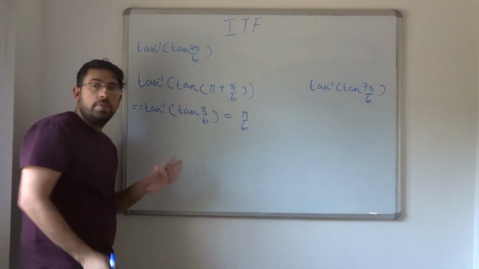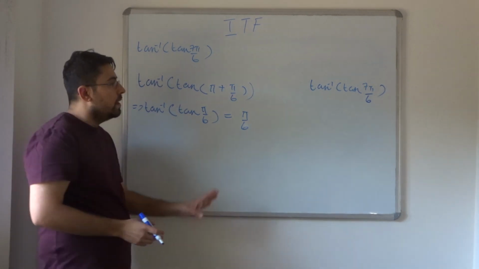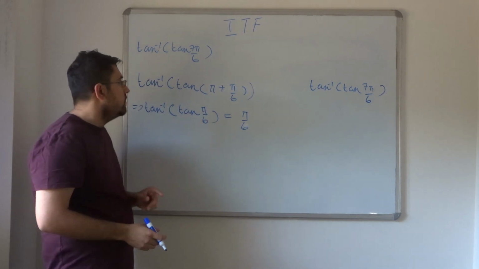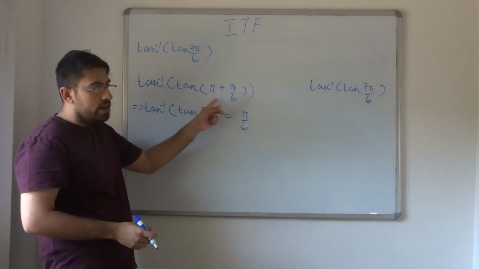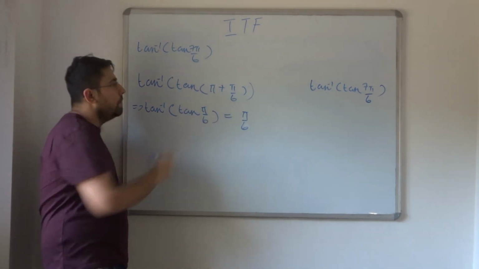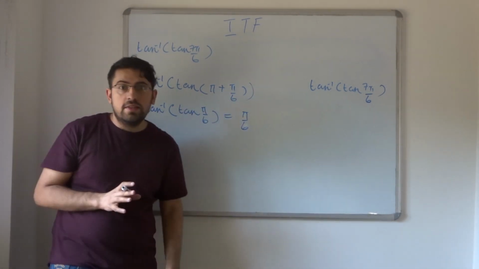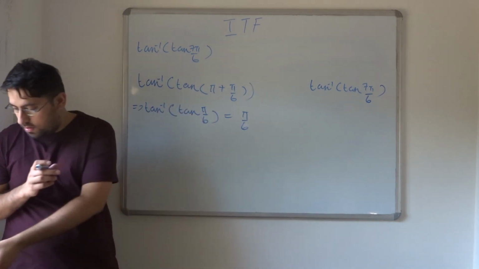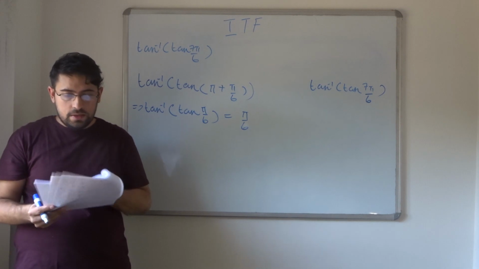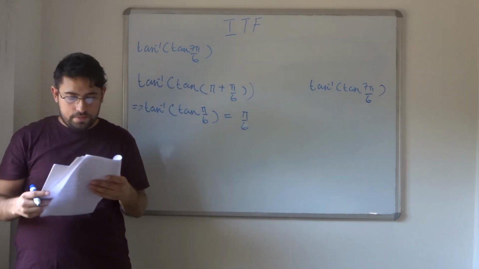Because guys, remember, in the third quadrant, cot and tan are positive, and this is 180 plus theta for tan. Now in the board exam, you will hardly get questions like this, but be a little careful.